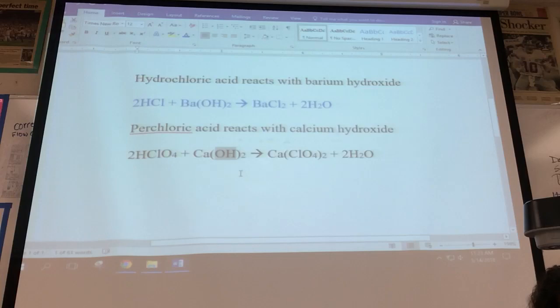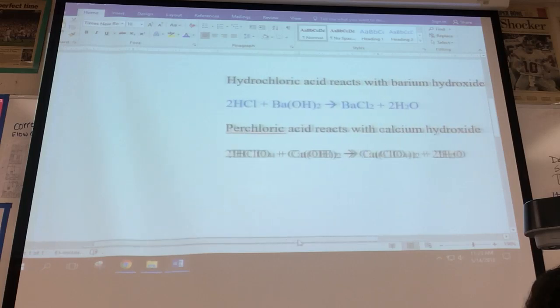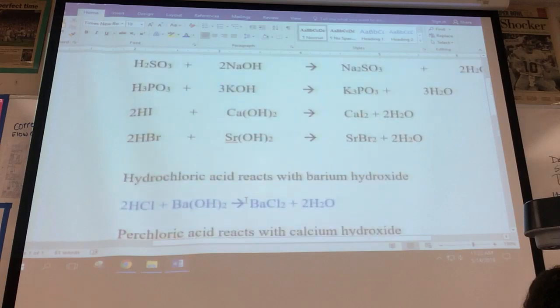If you don't, it's going to be a conjugate type reaction that you learned about previously. So the presence of a hydroxide ion will signal you that it's a neutralization reaction where you're generating a salt, which is typically in the neutral range, and water. So those are your neutralization reactions.